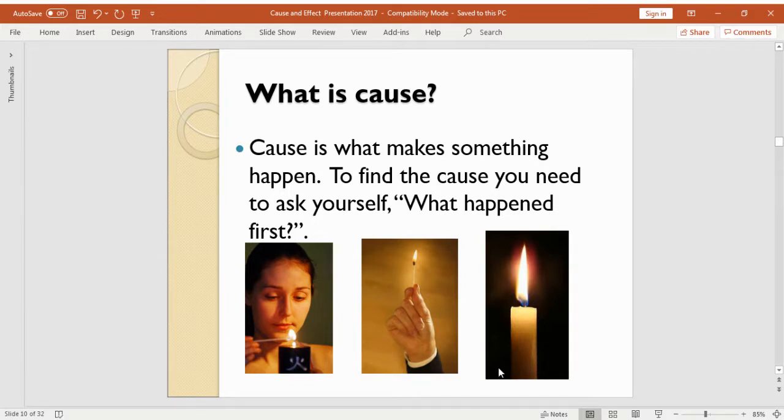To find the cause, you need to ask yourself, what happens first? So looking at this picture, you have to decide what happened first. Is it picture number 1, picture number 2, or picture number 3? If you chose picture number 2, that is the cause.